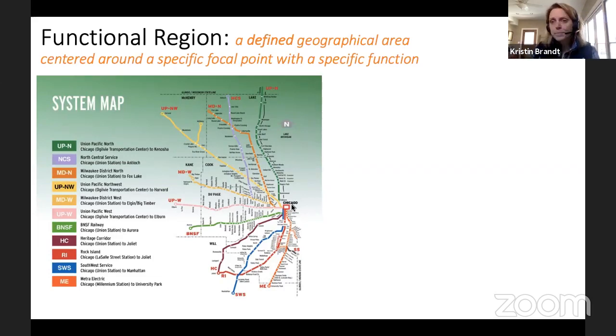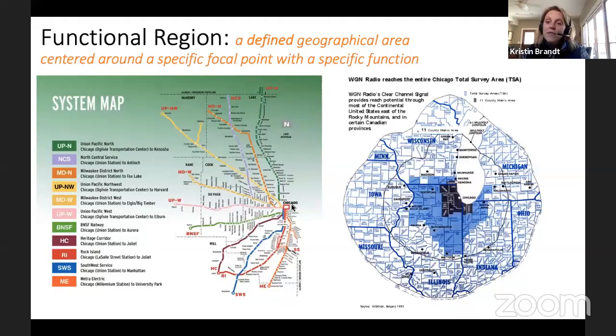We could look at our traffic patterns, right? Isn't this moving people in and out? This one is one of my favorites. It's a little bit dated, but I still liked it, so I used it. WGN is a radio station and TV station here in Chicago. If I say Tom Skilling, people in Wisconsin, Minnesota, Iowa, Missouri, Indiana, Ohio, Michigan may even know Tom Skilling, as he is the local weatherman on WGN.